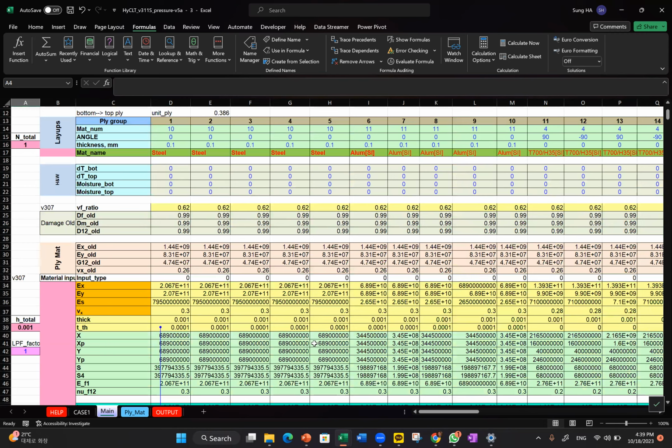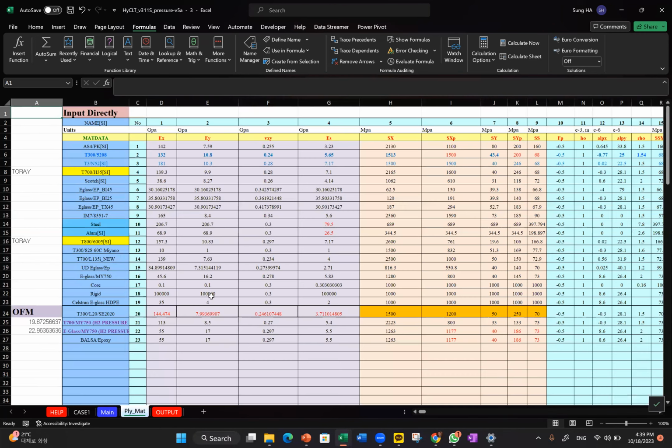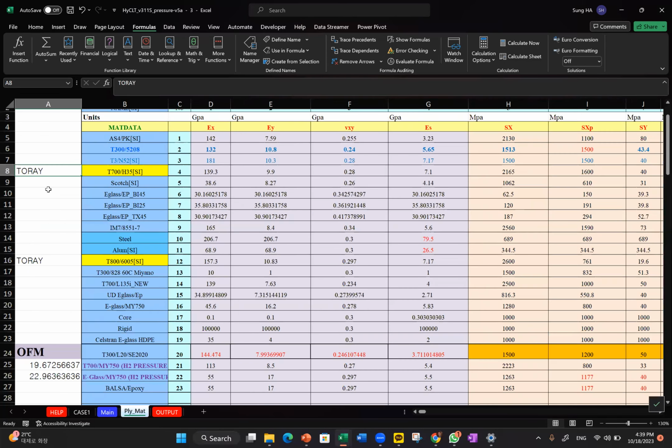Okay, now let's go to composites. We don't know much about composites yet, but we know that a composite consists of certain fibers in a certain direction, in a reinforced plastic resin system. As you can see, we have different stiffness along the fiber and transverse directions, Poisson's ratio, and also shear stiffness.